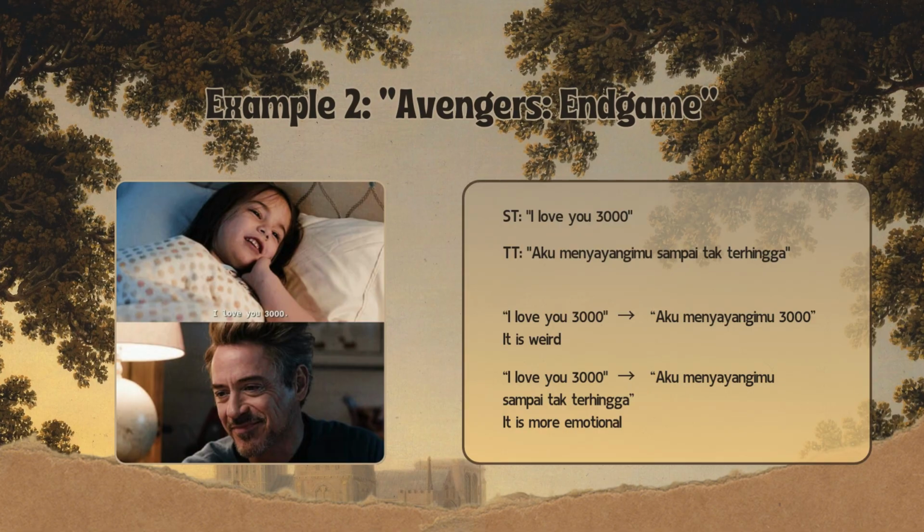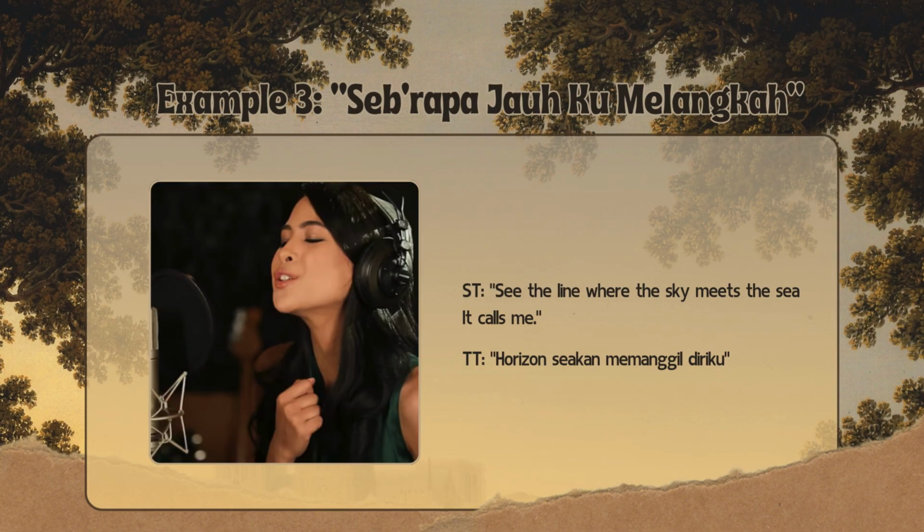In the last example, we meet Maudy Ayunda. She sang the Indonesian version of How Far I'll Go. The source text is "See the line where the sky meets the sea, it calls me," and the target text, or TT, is "Horizon seakan memanggil diriku."